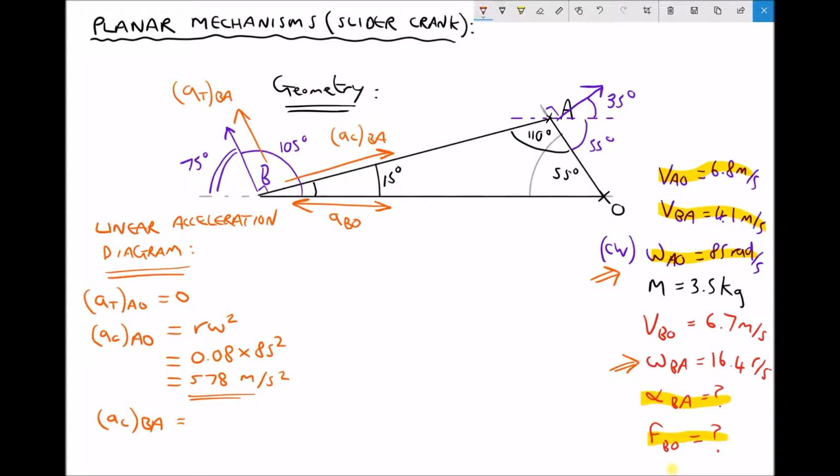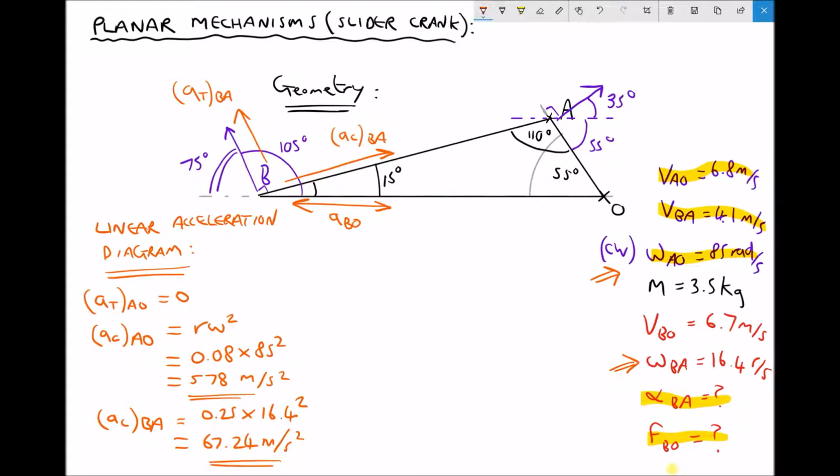Therefore, in place of radius, we use the length AB, which was 250 millimeters, or 0.25 meters. And for the angular velocity, we have a value of 16.4, which needs to be squared, which gives us a centripetal acceleration for B relative to A of 67.24 meters per second squared.